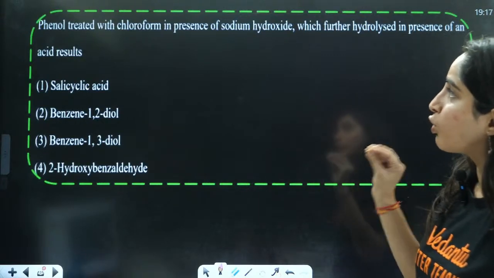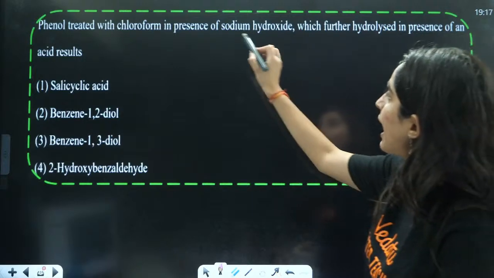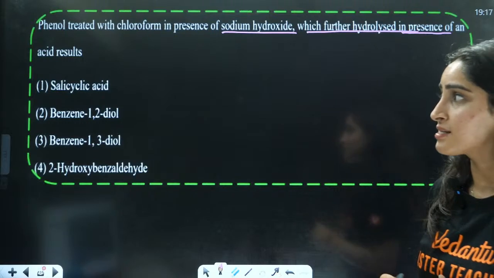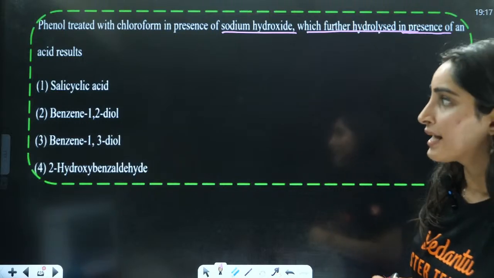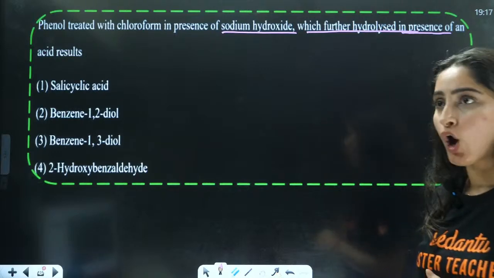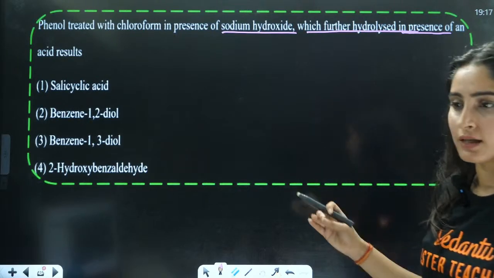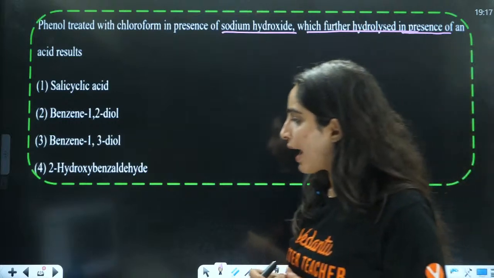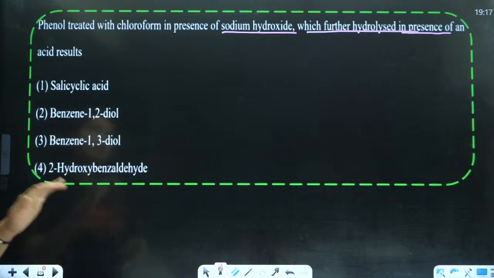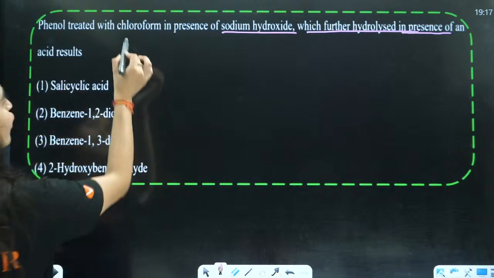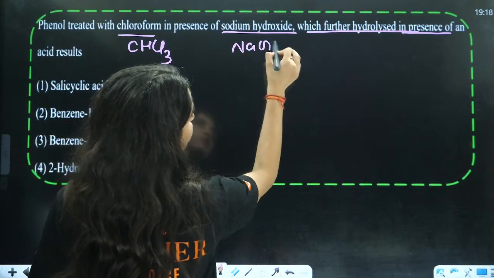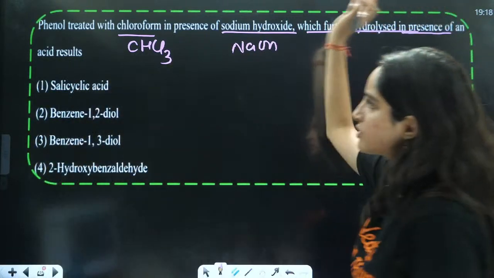Phenol treated with chloroform in the presence of sodium hydroxide, which is further hydrolyzed in the presence of an acid, results in: salicylic acid, benzene 1,2-diol, benzene 1,3-diol, 2-hydroxybenzaldehyde. Everybody in the chat box. They are saying chloroform, that means CHCl3, in the presence of NaOH, further hydrolyzed in the presence of acid.